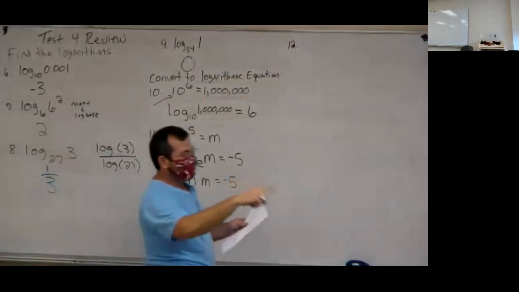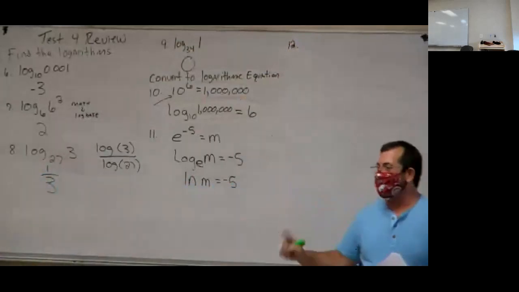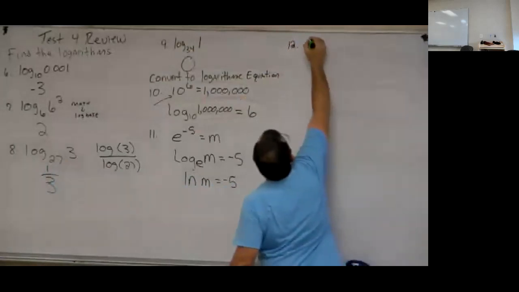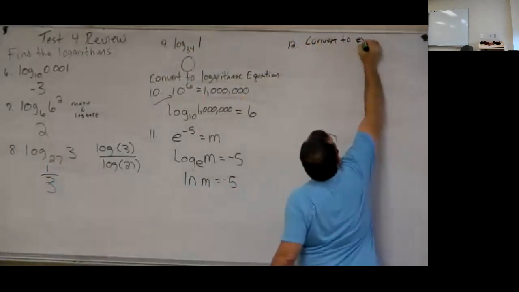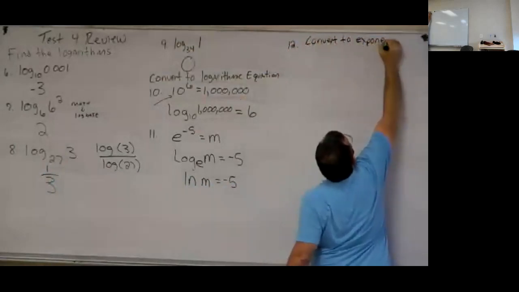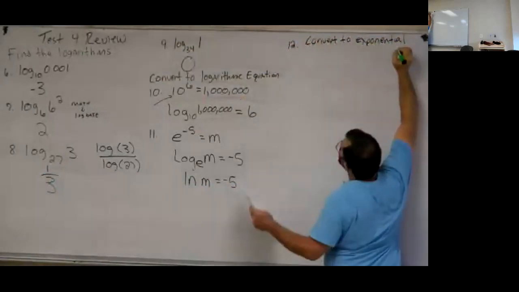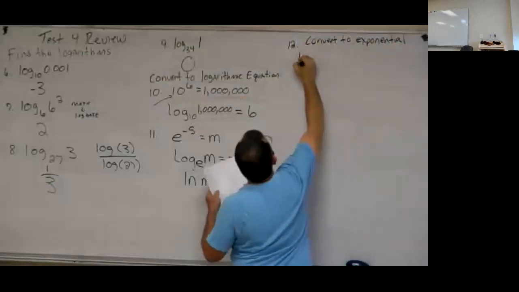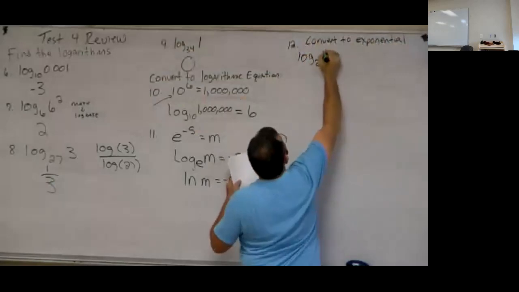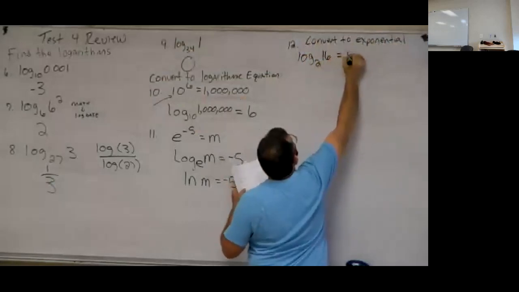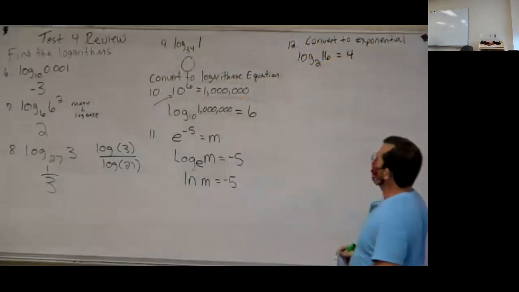All right, now going the other way, we're going to convert to exponential. So 12, they're giving me log base 2 of 16 equals the exponent of 4.